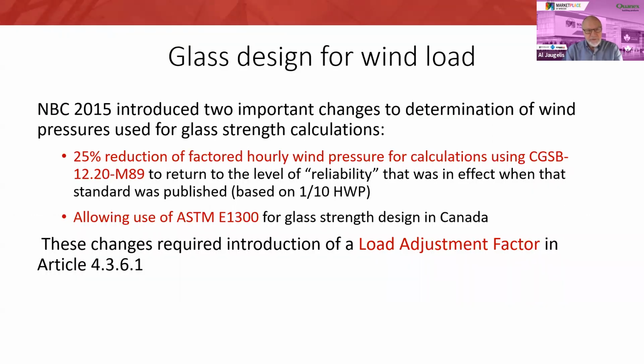And the 2015 National Code introduced two important changes to how we determine the wind pressures that are used for glass strength calculations. One of them, which really struck me as quite radical, is a 25% reduction in the factored hourly wind pressure for calculations that are going to be based on the Canadian standard CGSB 12.20-M89.